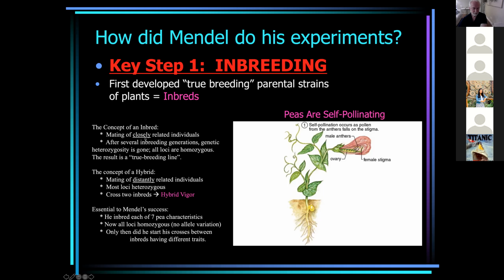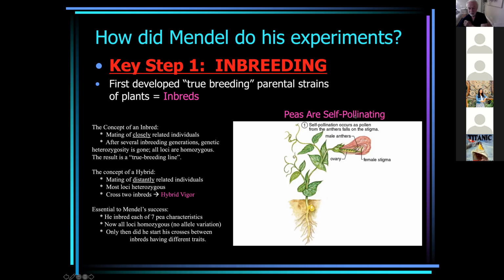It's the mating of two closely related individuals, so that after several generations of inbreeding, all genetic heterozygosity is gone, and all the loci are homozygous. The result is a true breeding line. In contrast, a hybrid is the mating of distantly related individuals, and that results in most loci being heterozygous.